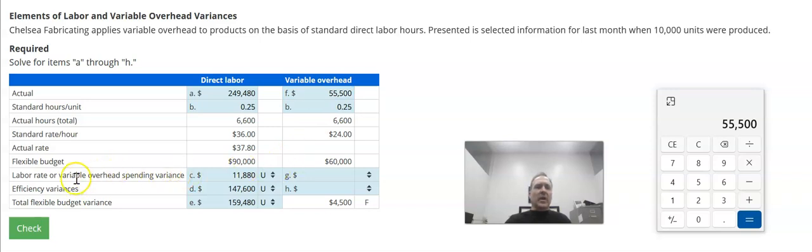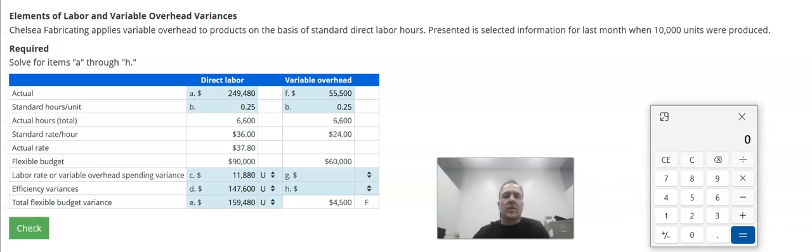And so now we're going to calculate our variable overhead spending variance. We're actually going to do this the same way, but it's going to produce a very large number here. Everything is based upon labor, so we're going to do the exact same thing that we've already done.